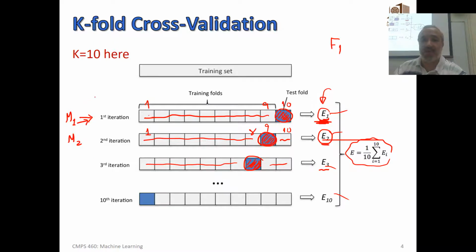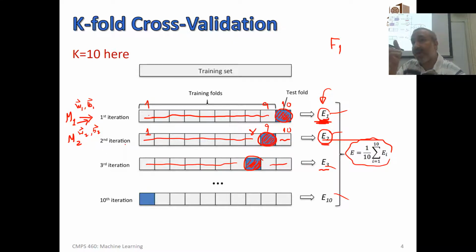What are the parameters of the perceptron? The weights and bias, right? So here you will get weight 1 and bias 1, here you will get weight 2 and bias 2. Might be different, might be the same, but generally they are different. That's why we say it's a new model, because the training set has changed.